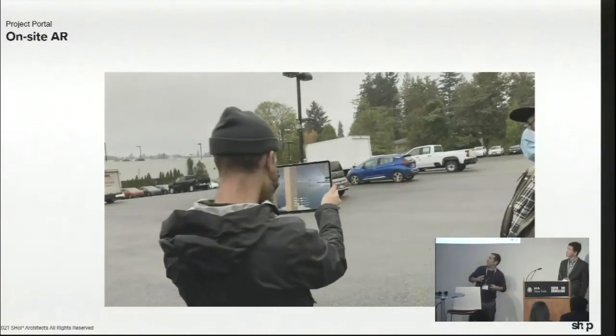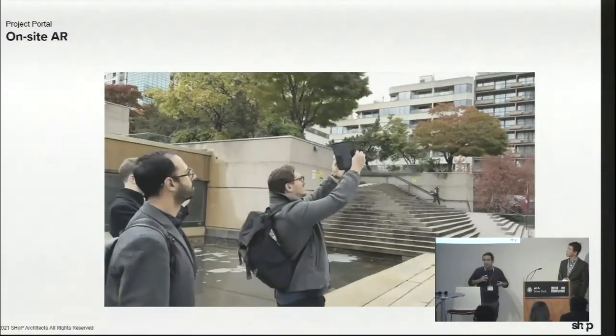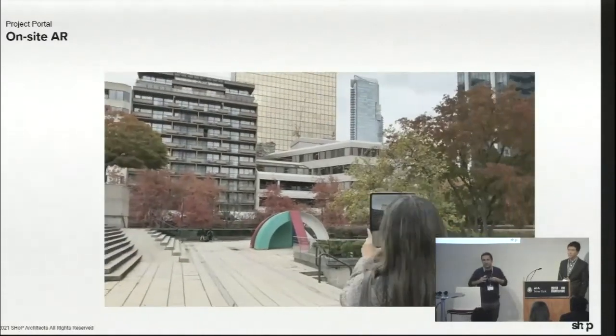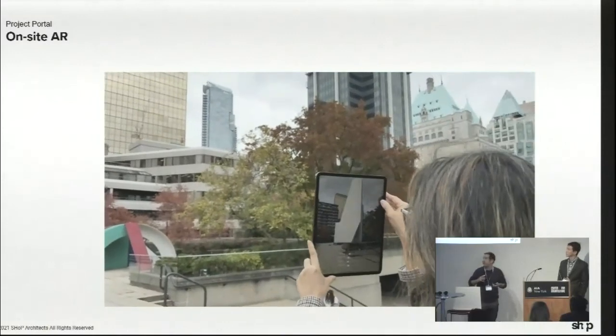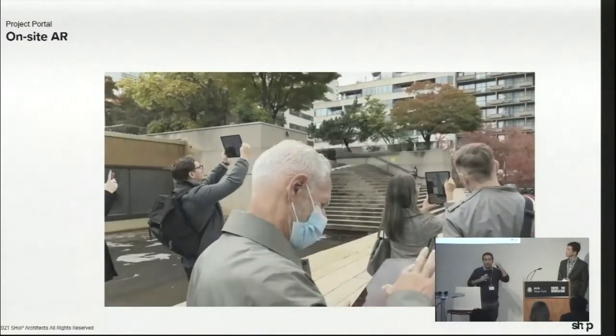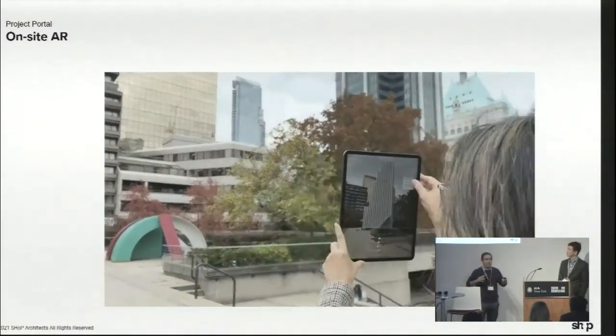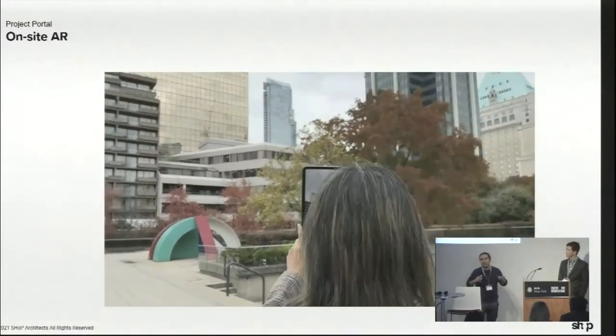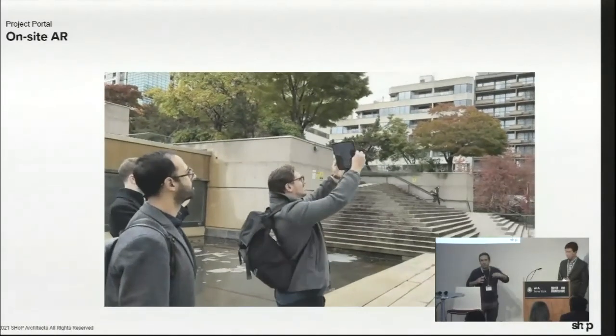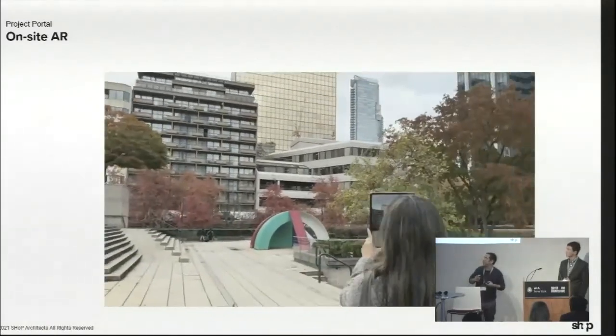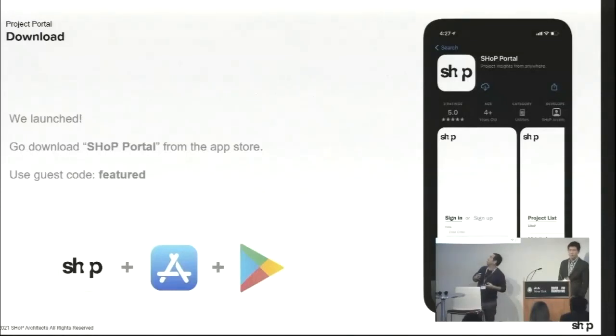When we have a client meeting, we can set up options that they can cycle through and make decisions in real time, in a site meeting, that would normally be interpreted through axons or renderings, and no one would really understand it. This engagement is what we're increasingly trying to create, this access, so we can have more real-time communication around our designs and our projects. So that is really it.